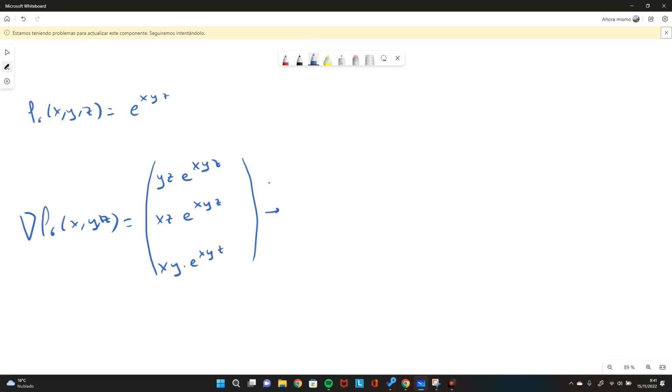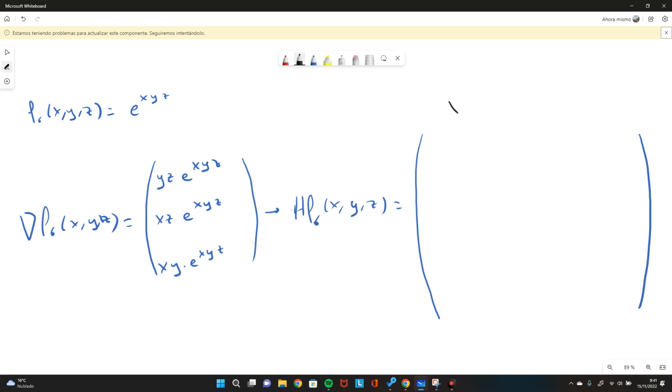Cool. The Hessian matrix is going to be a little bit more complicated. Of course, before it was just a 2 by 2 matrix. Now it's a 3 by 3 matrix. Now it's just bigger, but it doesn't matter.